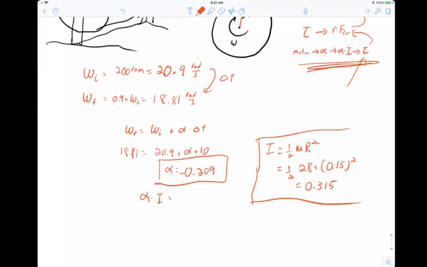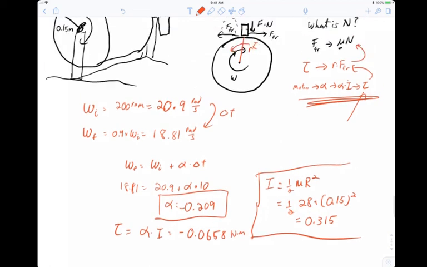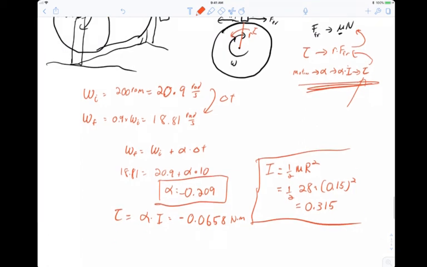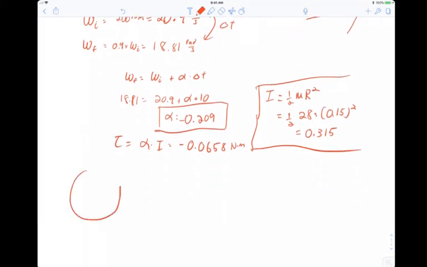Alright, so the torque is the acceleration times the moment of inertia. Newton meters. Alright, so according to this battle plan, now that I know the torque, I know how much torque it's feeling.